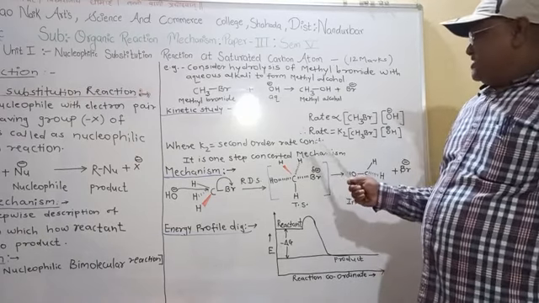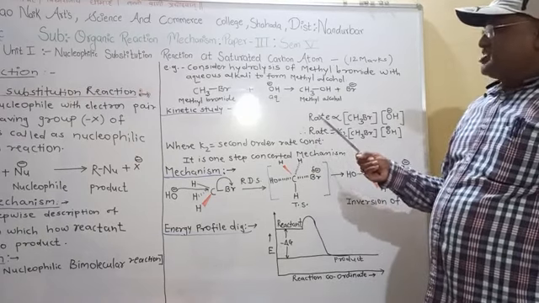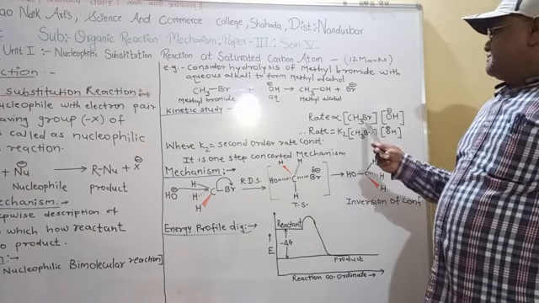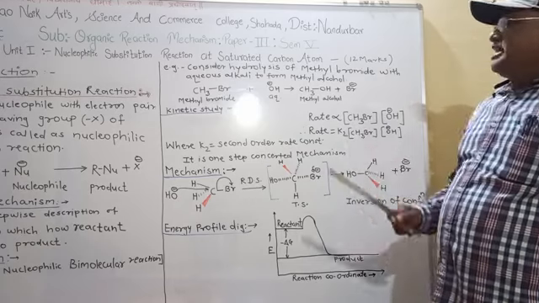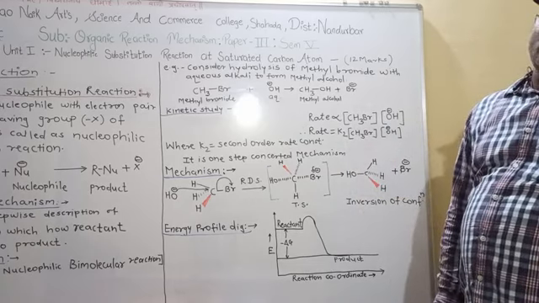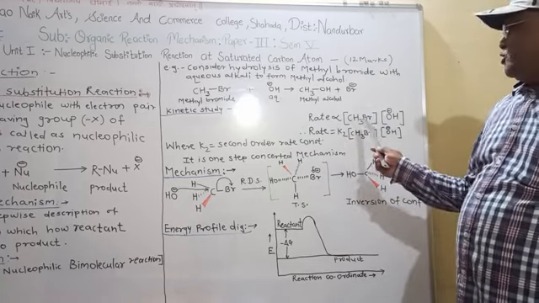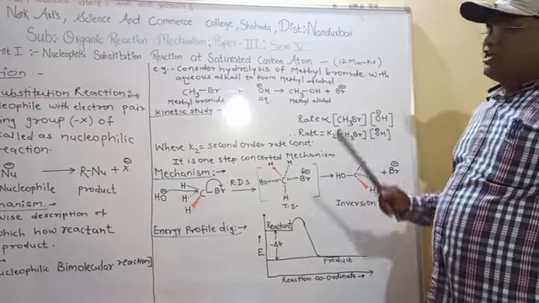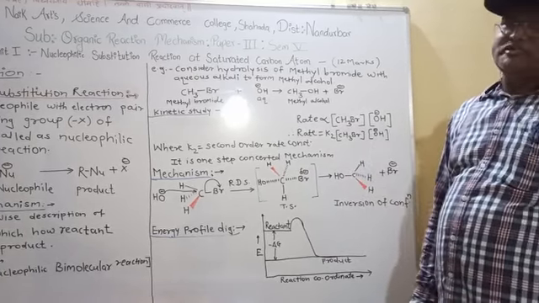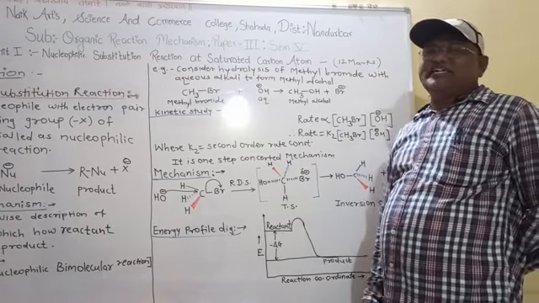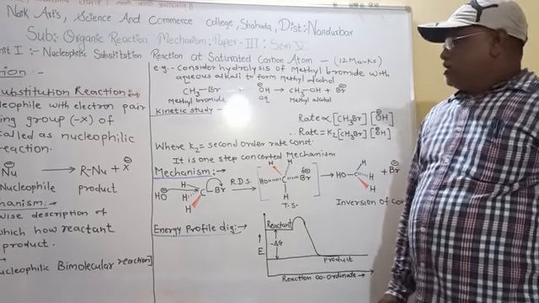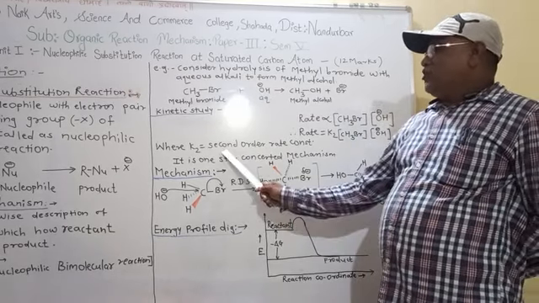Now in this reaction in slow step, two molecules take part and therefore it is called as bimolecular reaction. Two molecules means one molecule of methyl bromide and one molecule of nucleophile OH takes part in slow step, and hence this reaction is bimolecular reaction. Now it is second order reaction.